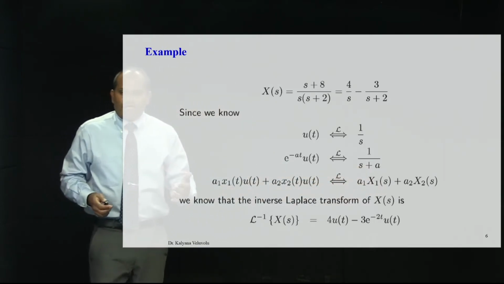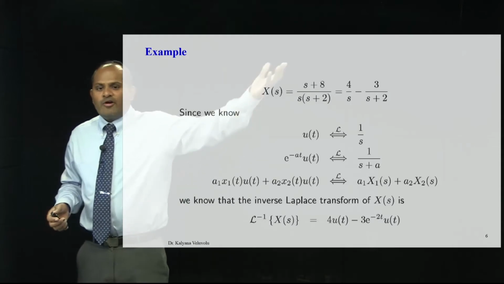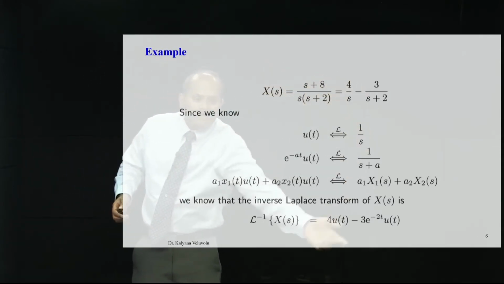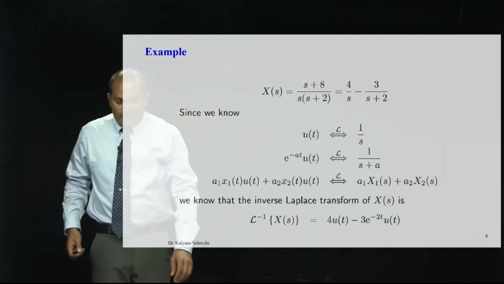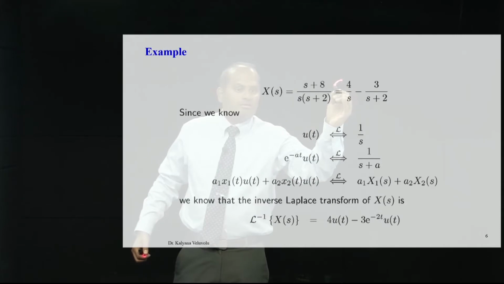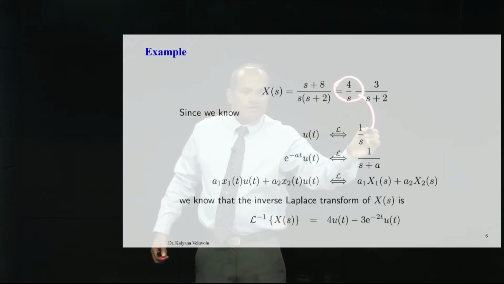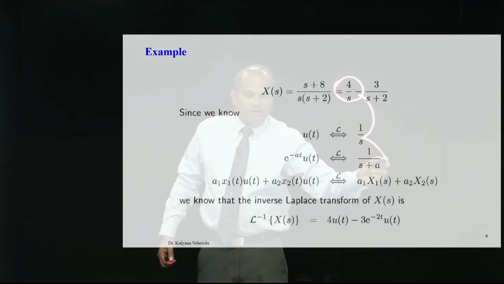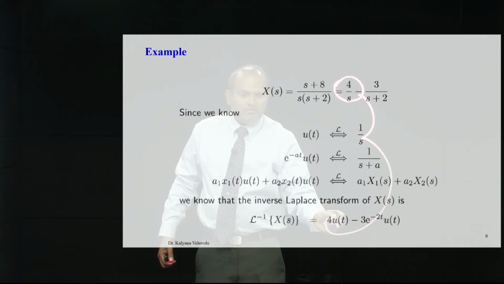So what I can try to do is directly write the inverse Laplace transform from this function. What am I trying to do here is take this 4 by s, try to understand the relation to 1 by s, and then write the inverse Laplace transform to u of t here.